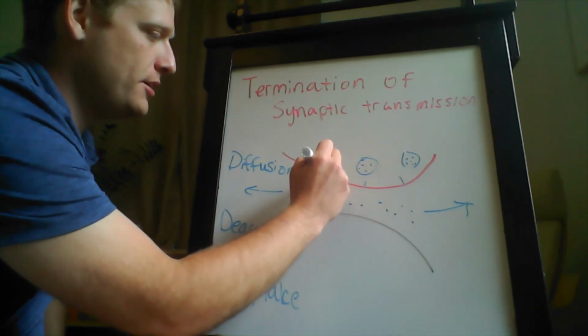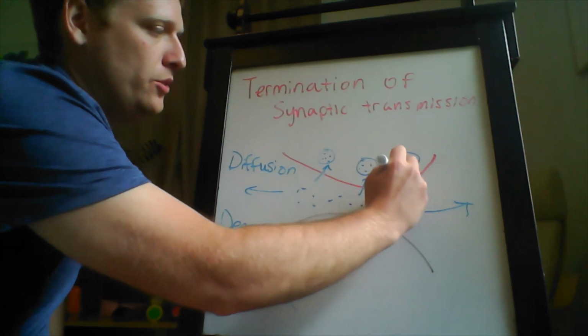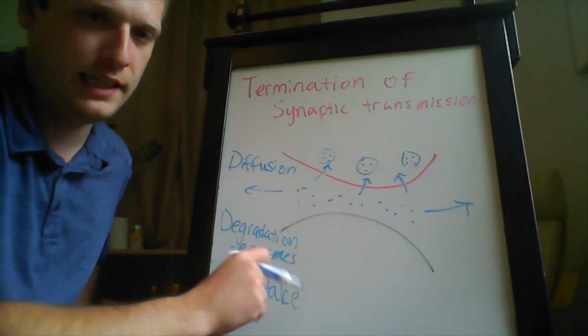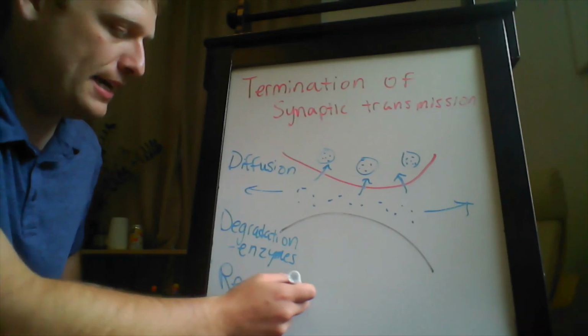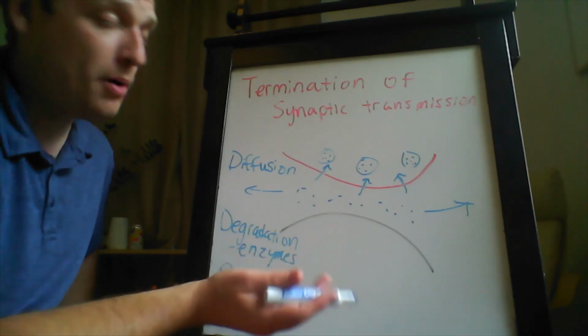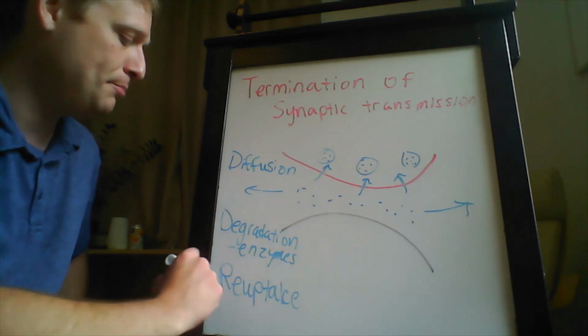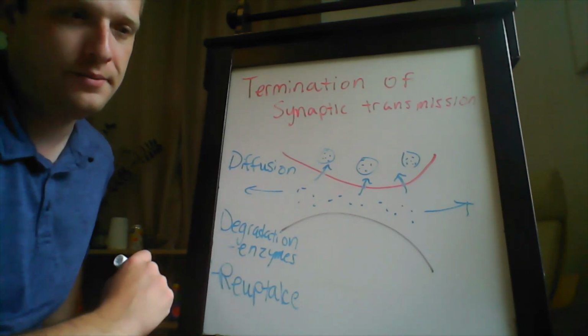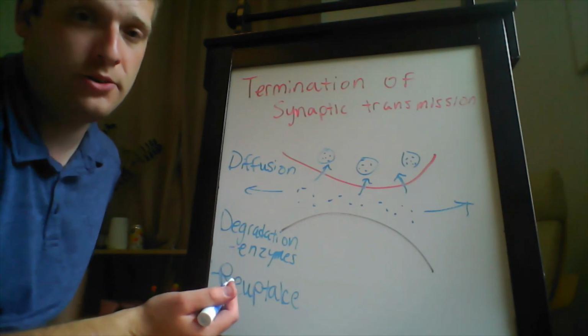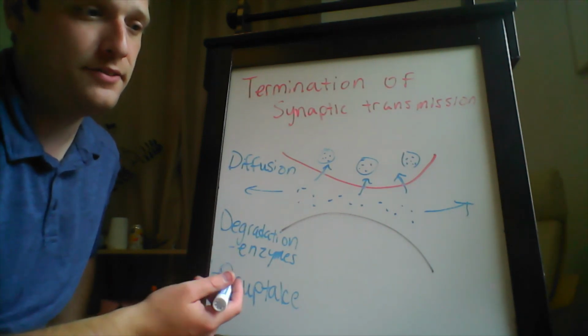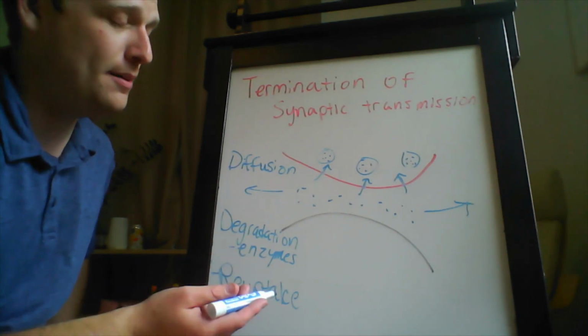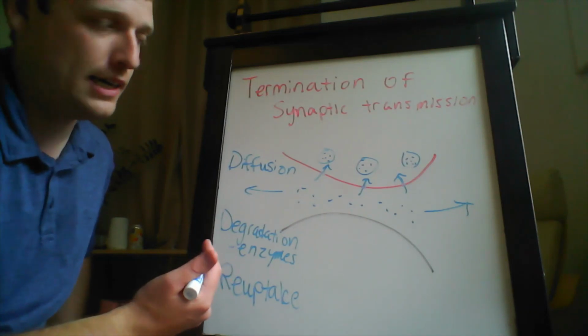Neurotransmitter can be taken back up into the neuron that released it. That's called reuptake. And you've probably heard of SSRIs. It's a medication that blocks reuptake for the neurotransmitter serotonin. Selective serotonin reuptake inhibitors is what an SSRI is.